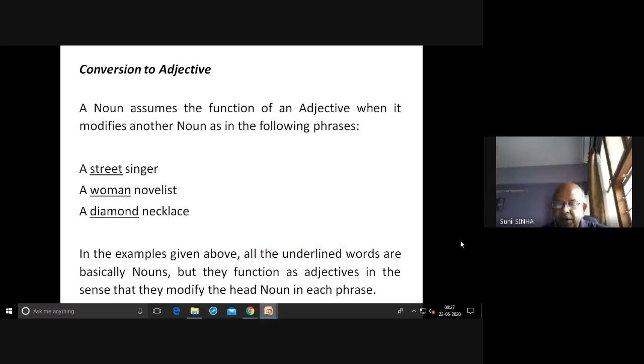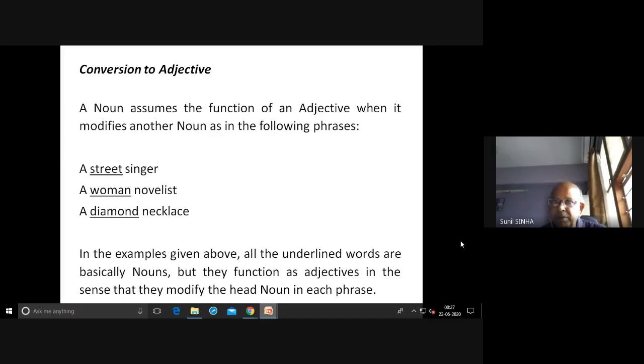A woman novelist. Woman is a noun, but it functions as an adjective. A diamond necklace. Diamond is a noun, but it functions as an adjective. It modifies necklace. So in a street singer, street modifies singer, and therefore street functions as an adjective.